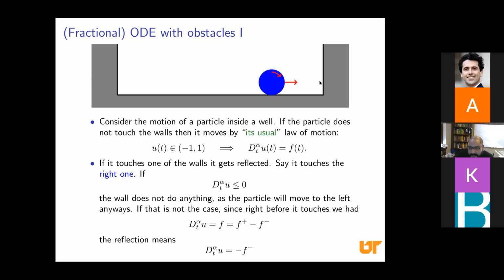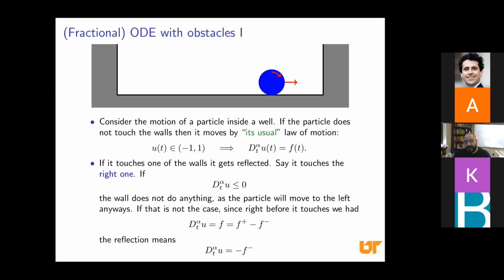Now, if it touches one of the walls, it is going to exert a certain amount of force on the wall, but only enough so that the ball gets reflected. It's not going to push it, it's not going to pull it, it's just going to do enough so that the ball gets reflected. So let's consider one of the cases, like in the picture here, where the ball is moving in this direction and is going to touch the right wall.